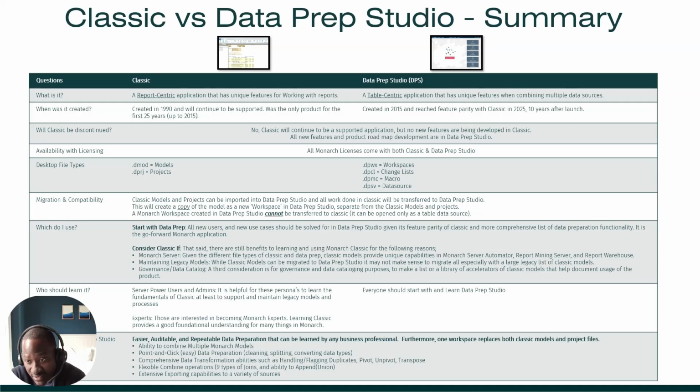You have the .dpcl, which is the change lists. The .dpmc, which is for macros. I think those were introduced in 2023. Well, I'm not sure when. And then the .dpsv, which is a data source file type.